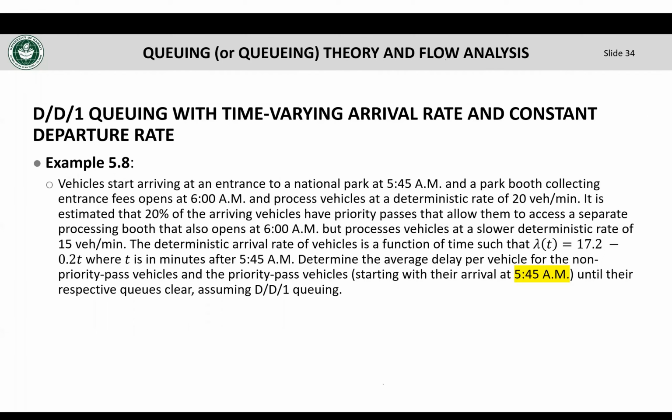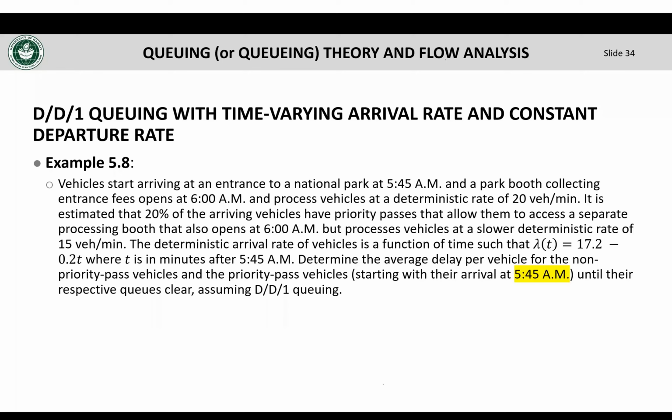It is estimated that 20% of the arriving vehicles have priority passes that allow them to access a separate processing booth that also opens at 6 a.m., but processes vehicles at a slower deterministic rate of 15 vehicles per minute.